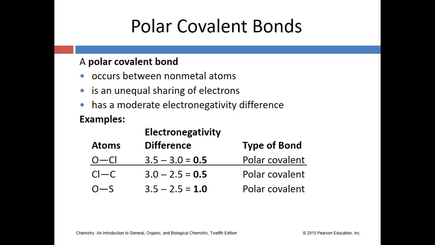Because at some point, this distortion of sharing actually crosses over into the land of ionic. If the distortion is so great that basically the electron is always around one atom and not around the other, then we've gone away from sharing. That's a transfer of electrons. That's an ionic bond that's being made.